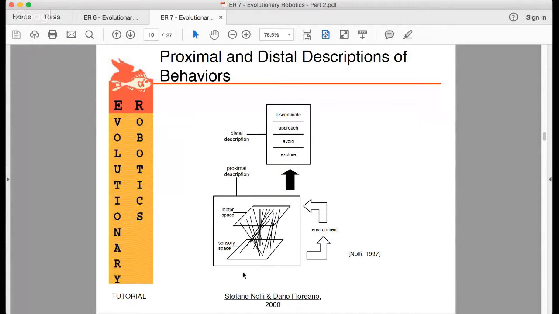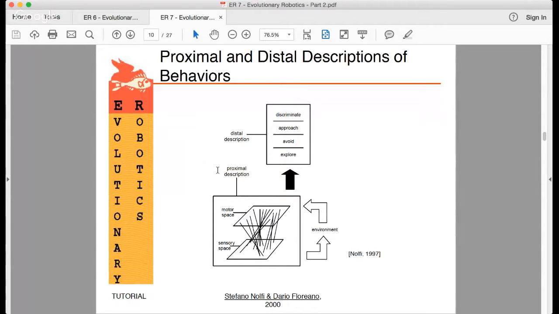You can either use the distal description of behavior or the proximal description of behavior. This is the distal description, and this is the proximal description. The distal description of a behavior is a description from the observer's point of view, in which high-level terms such as approach or discriminate are used to describe the result of a sequence of sensory motor loops.